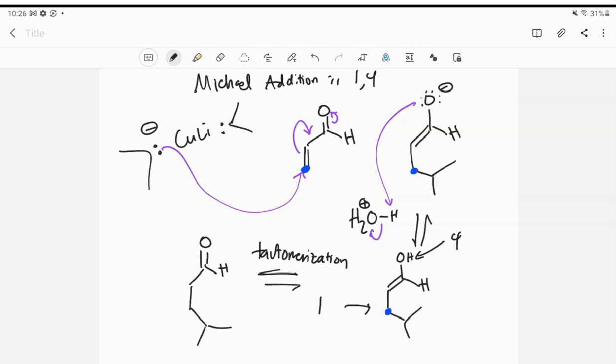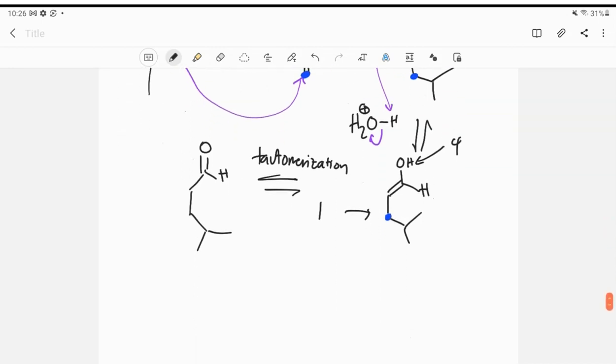If we try to do this, by the way, like I said, with a Grignard reagent instead, a Grignard is not a Michael donor. We're not going to get a Michael addition. Therefore, we're going to end up just going on the carbonyl directly.